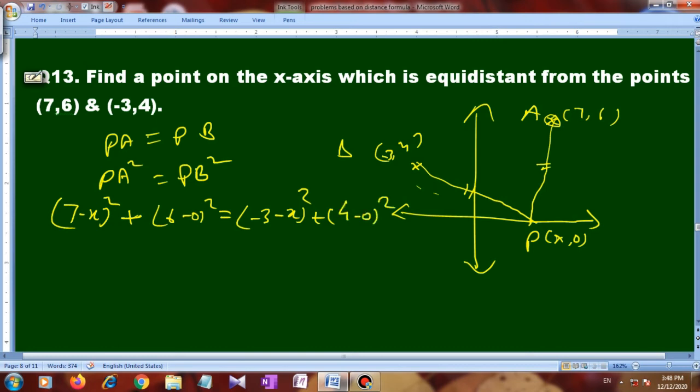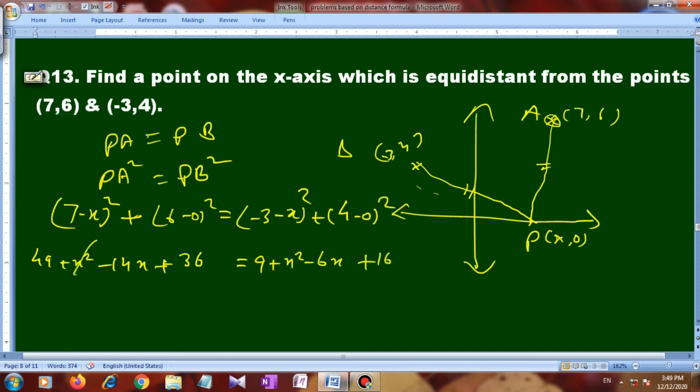So this will become 49 plus x square minus 14x plus 36, and this will be equal to 9 plus x square plus 6x plus 16.